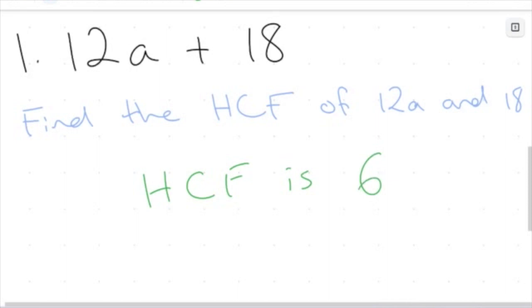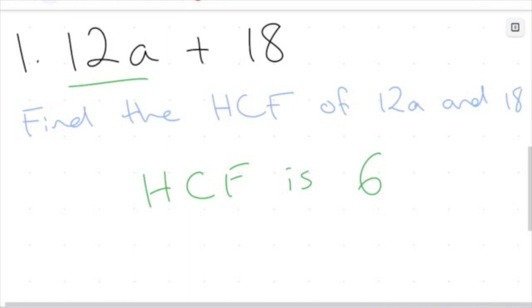Now I want to think, how many times does 6 go into 12a? It goes into it 2a times. 6 goes into 12 2 times, and the a just stays there, because we don't know what it is.